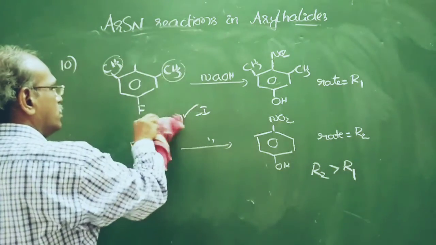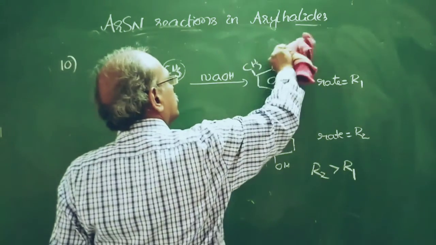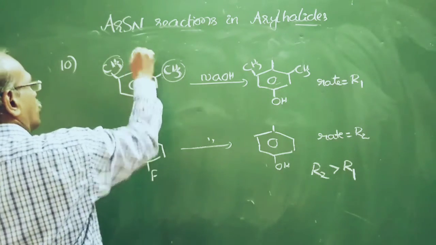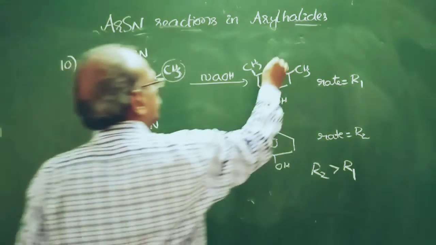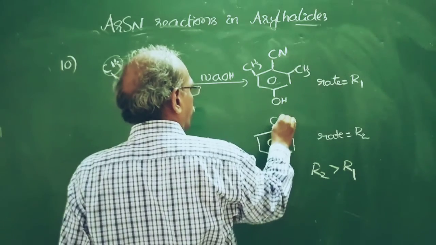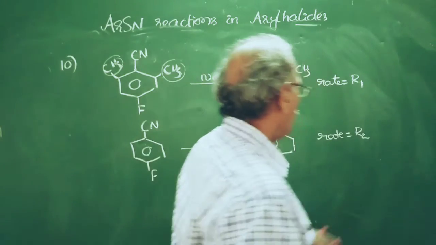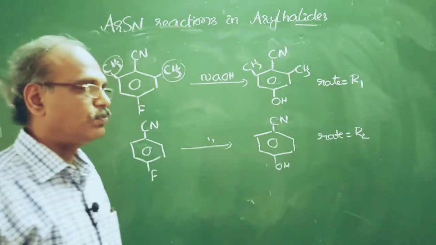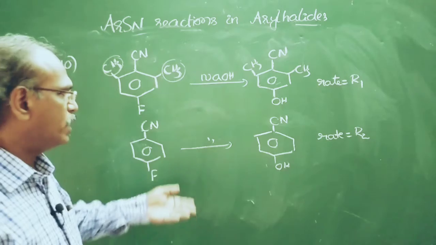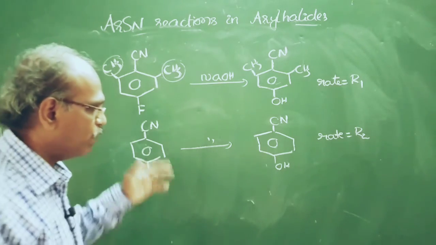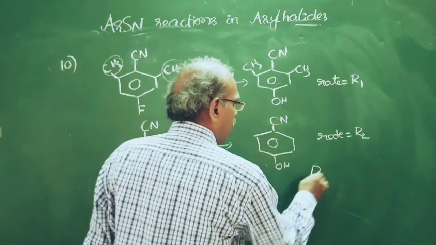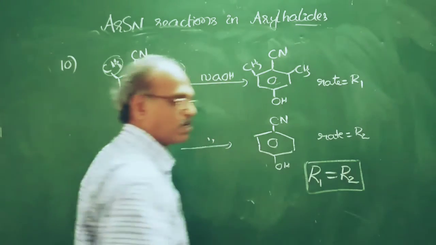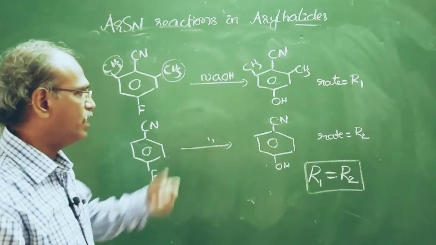Say here we have a cyano group, which is also an electron withdrawing group. Then what is the relation between R1 and R2? See, generally a student expects it like the 9th problem, but the fact here is R1 is equal to R2. This is correct. In both cases, the rate is the same.